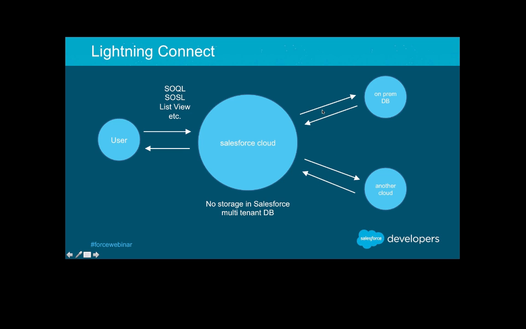We're not storing any data inside of Salesforce. But the way that the actual data gets surfaced is as an sObject. So using the same APIs that we're used to, being able to write things like SOQL and SOSL and access list views and create tabs for that data. So this is something completely different from what we've had before in the integration world.